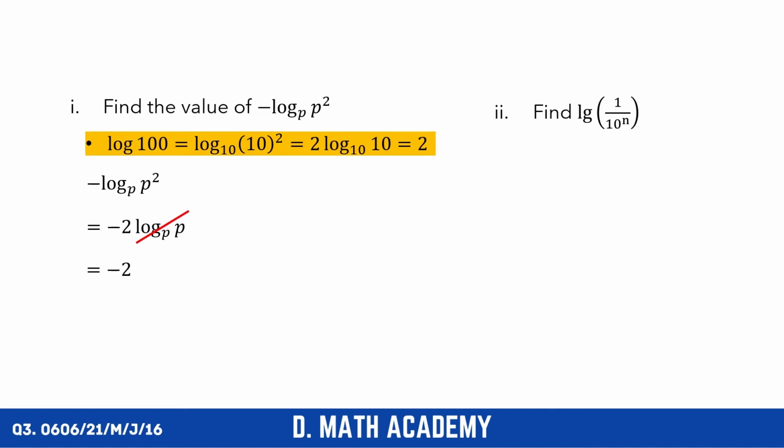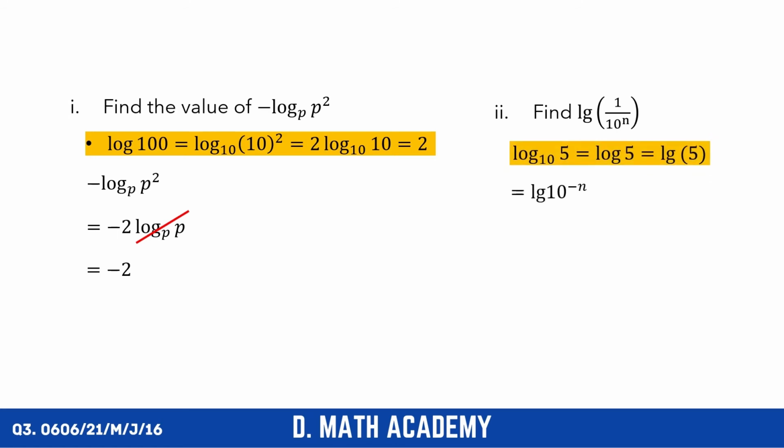As for the next one, you will see lg over there. It's actually log with a base of 10. However, what I did here was to apply the indices rule, where I bring the 10 to the power of n from the denominator to the numerator.